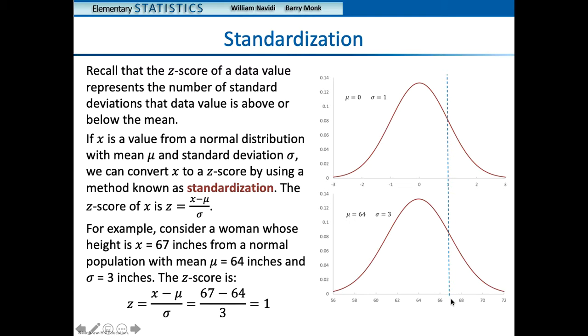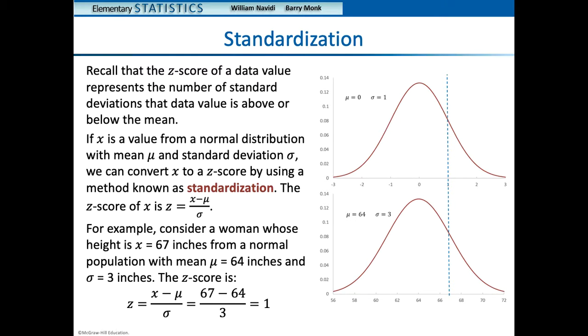I can convert that 67 into a z-score by using the z-score formula, which we introduced back in chapter 3: z equals x minus mu over sigma. I make that conversion by taking the x value, subtracting the mean of 64, dividing by the standard deviation of 3, and I get 1. So the data value 67 on this normal curve at the bottom corresponds to the data value 1 on the standard normal curve, right?